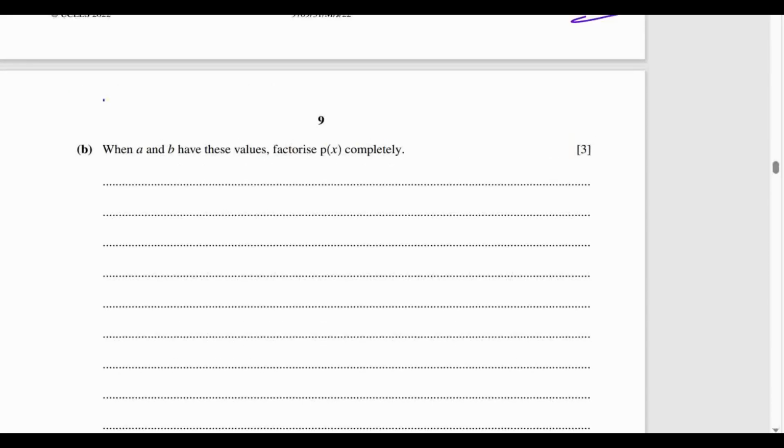Now let's move on to the next part, part B. When a and b have these values, factorize p of x completely. Now first of all, as we can see, p of x is equal to 3x cube minus 10x square plus 4x plus 8.